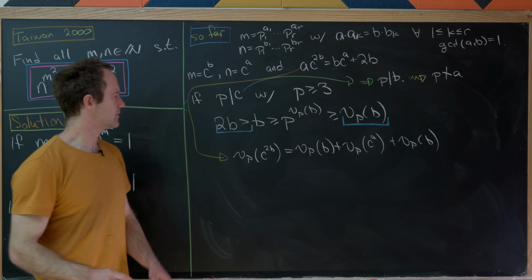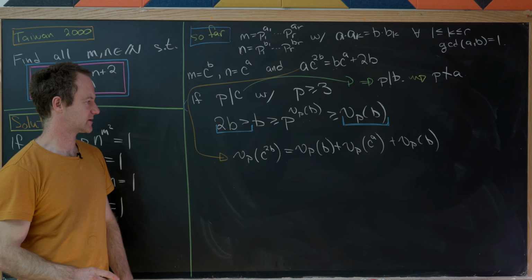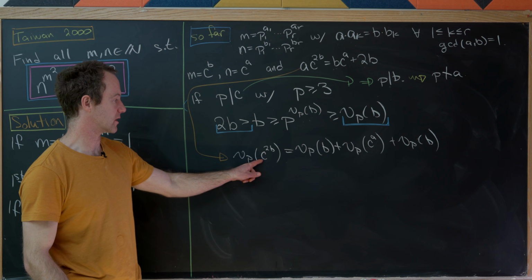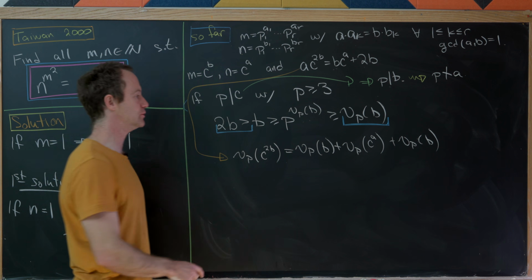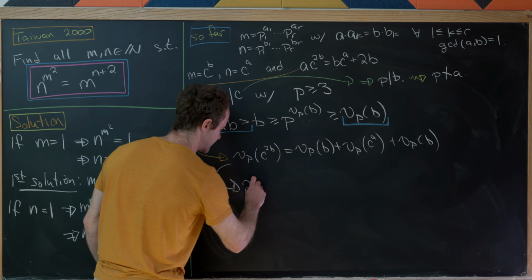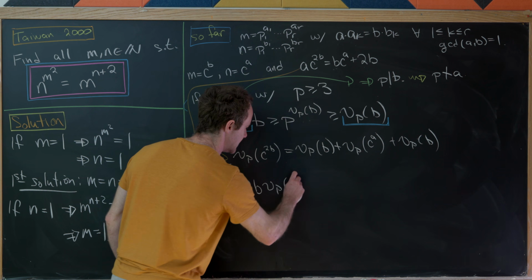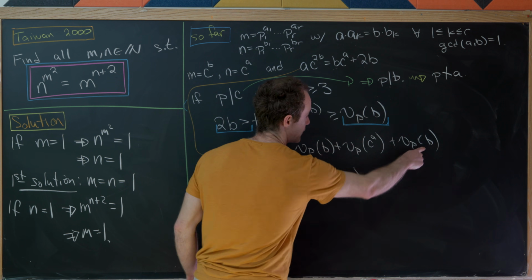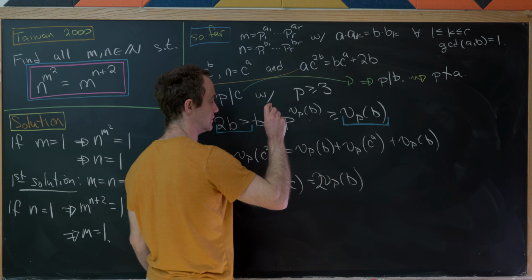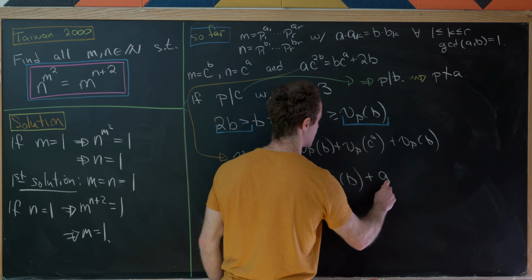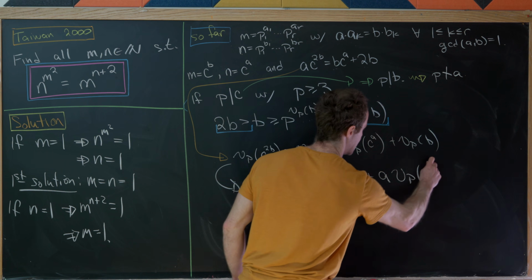So we have something that's starting to look like this. But notice by exponent rules, the power of the prime here will be 2b times nu p of c. So we have 2b times nu p of c equals nu p of b plus nu p of b, so that'll be 2 nu p of b. And then here you can bring this a down: we have a nu p of c.